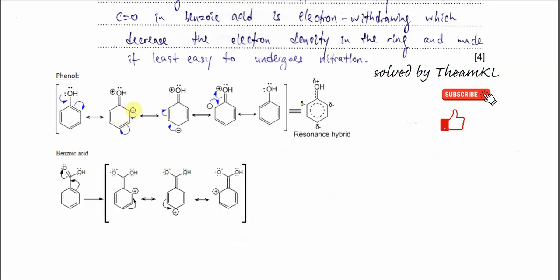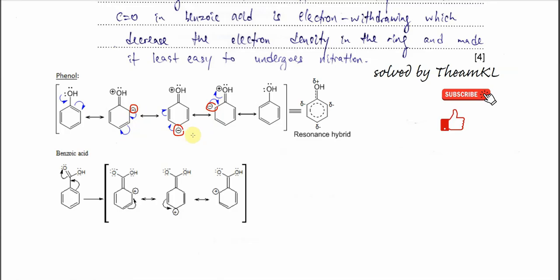And as you can see, this is 1, 2, 3, 4, 5, 6, all the positions. The positions 2, 4, 6 are always the ones with the lone pair or negative charge.